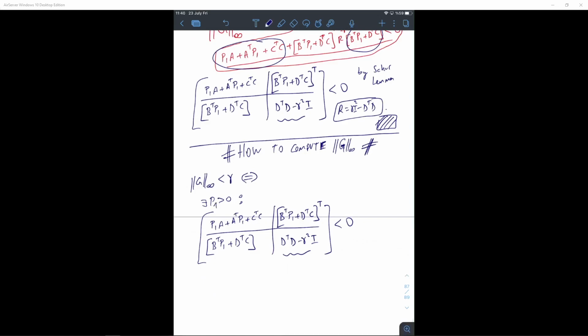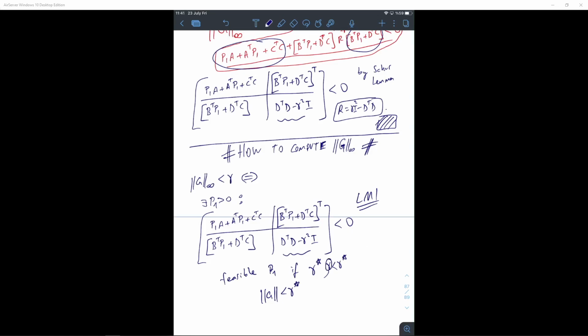Let me write P1. This is then an LMI, and if we have a gamma, we will be able to find a feasible P1 if gamma star is greater than the real gamma.